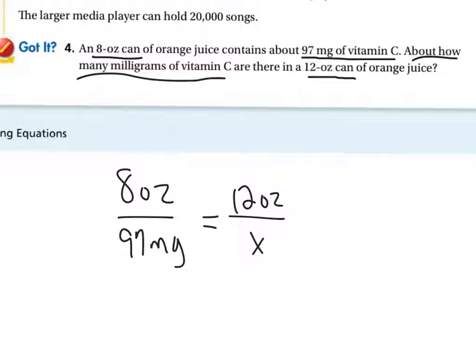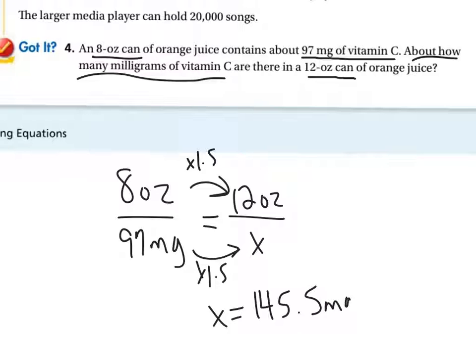This one, especially if I was able to use a calculator at all, I would be trying to check for a pattern. And if you do that, 12 divided by 8 is 1.5. So this would be multiplying by 1.5, and then if you work that out, it is 145.5 milligrams.